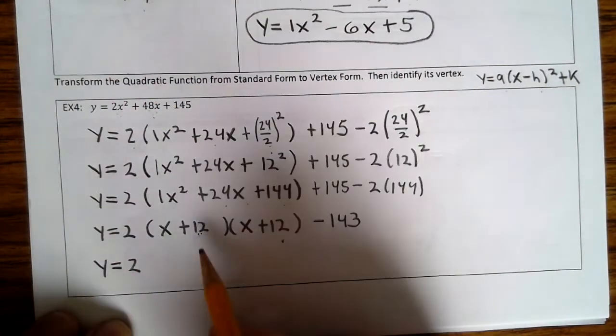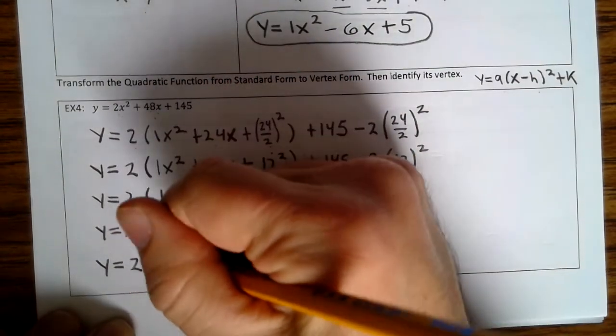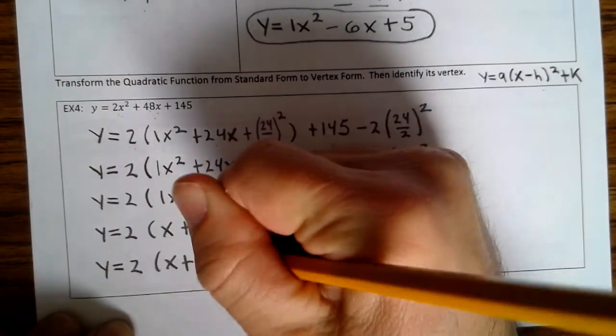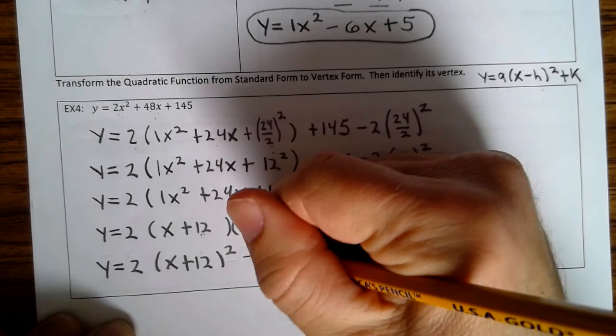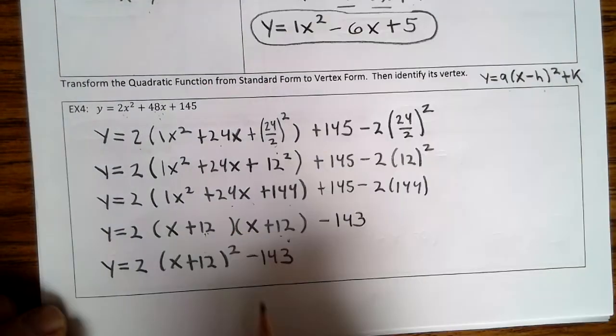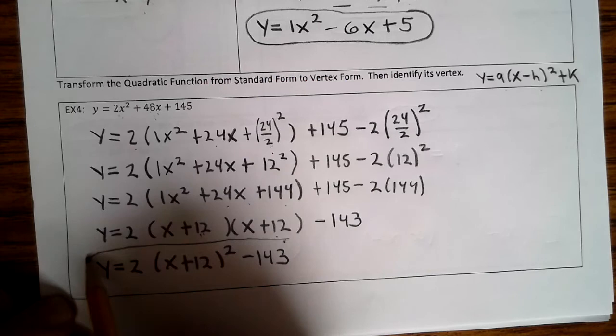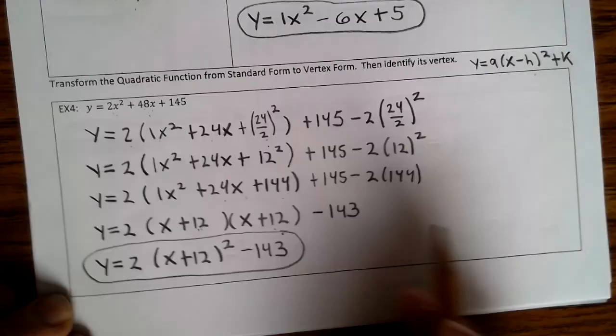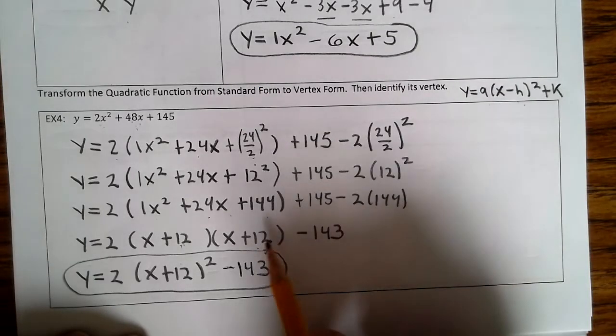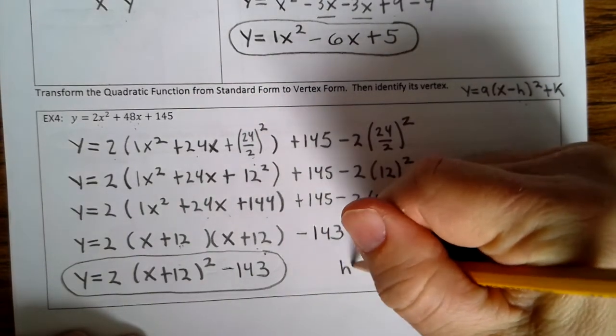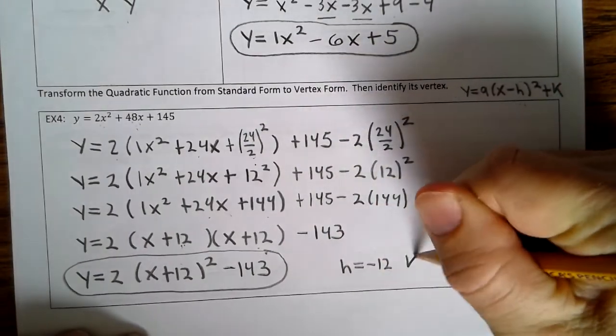We now have this in vertex form. Now the vertex, remember this is x minus h, so that's actually h is negative 12 and k is negative 143. So your vertex is (-12, -143).